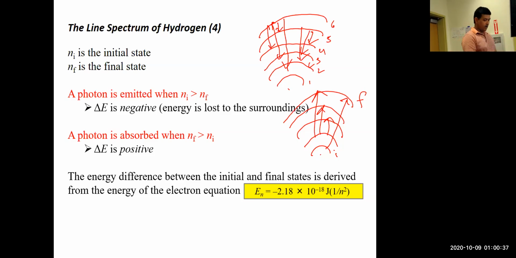So based on this information, when an electron absorbs, it will go from a low energy state to a higher one, or when a photon is emitted, it has to go from a larger Ni to a smaller Nf.